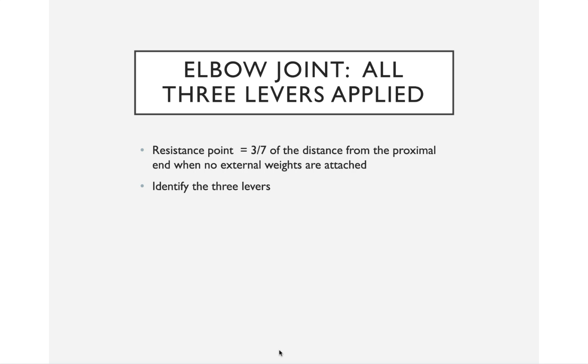So if we look at the three levers here of the elbow joint, we've already talked about one, first class lever, that's tricep in elbow extension. We've already talked about third class lever, that is bicep, the biceps in flexion. And then we have this kind of odd one, and that's going to be the brachioradialis.